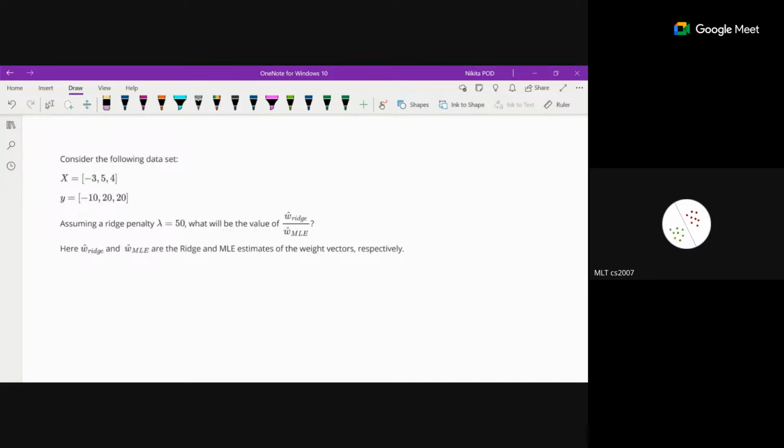Question number 6. You have your x and y given to you, and the ridge penalty is assumed to be 50. What should be the value of W hat ridge divided by W hat ML?